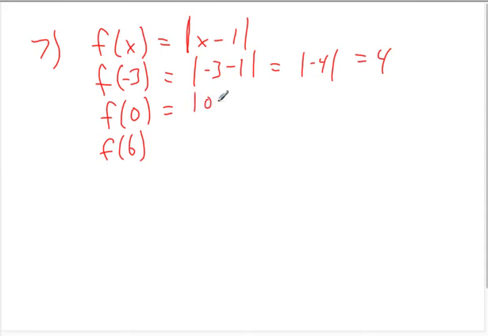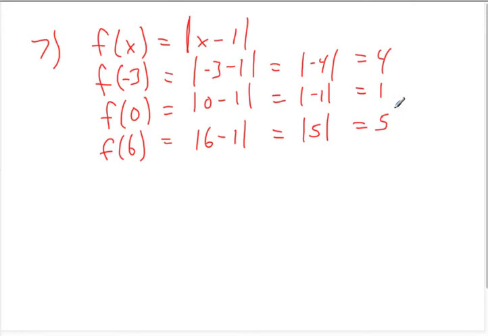Here we have 0 minus 1, which is absolute value of negative 1, which is 1. And here we have absolute value of 6 minus 1, which is absolute value of 5, which is 5.